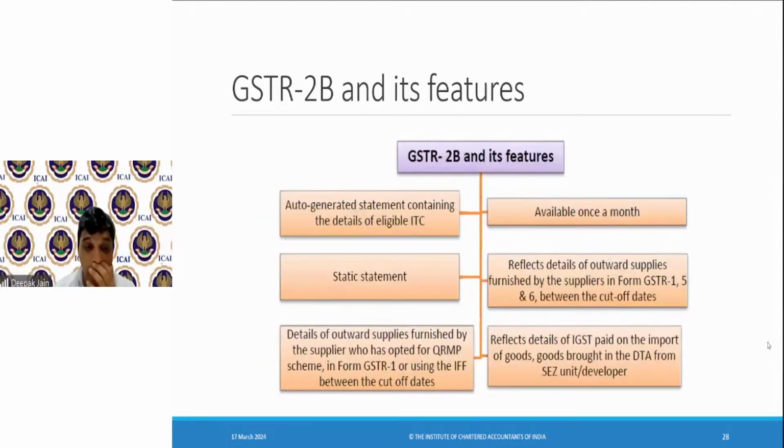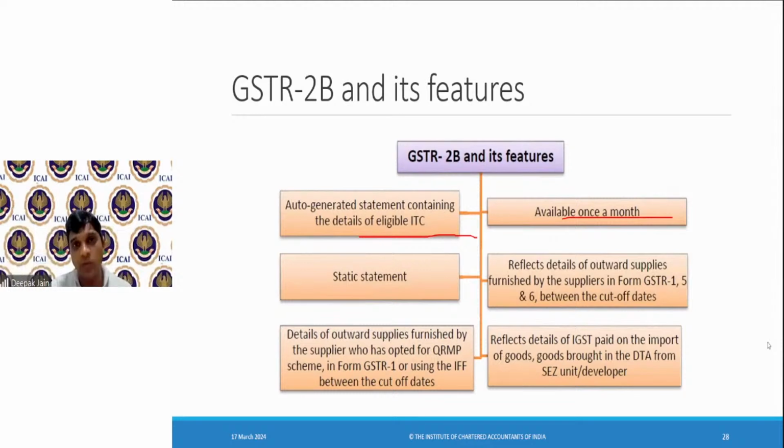Then what is GSTR-2B? This is an auto-generated statement containing the details of eligible ITC that is available once a month. GSTR-2A, you can download anytime. Today you download, you will get a different value. It is possible that you download tomorrow, you'll get a different value because it's a dynamic statement. It is getting updated on a real-time basis.